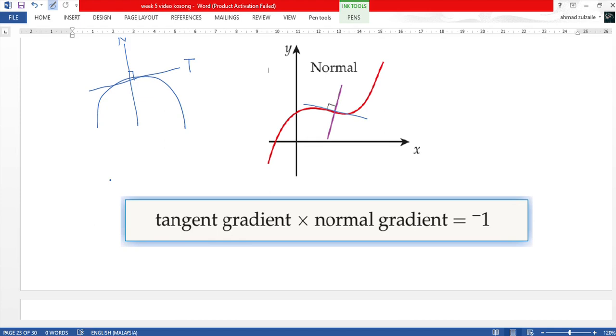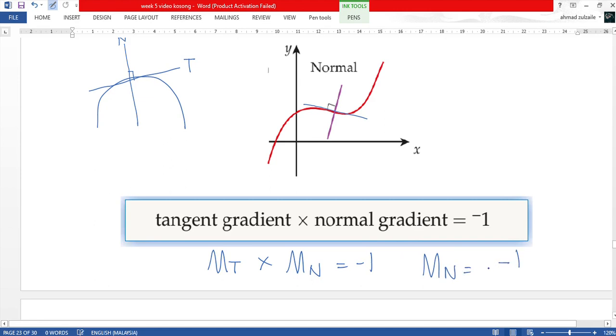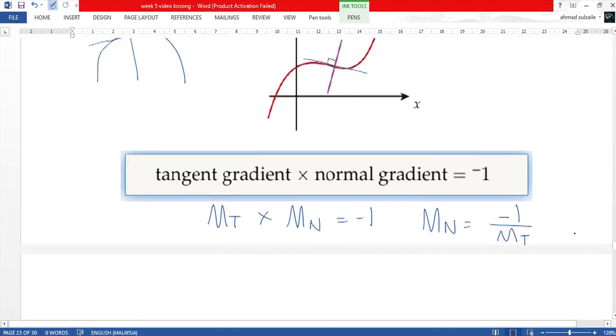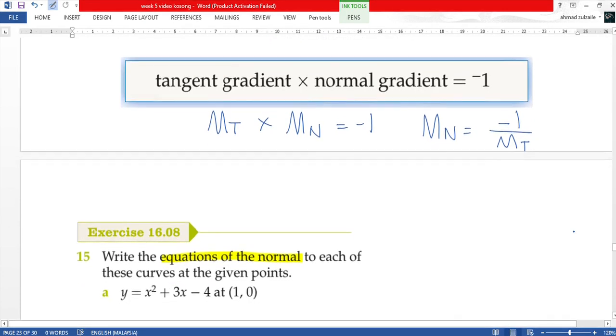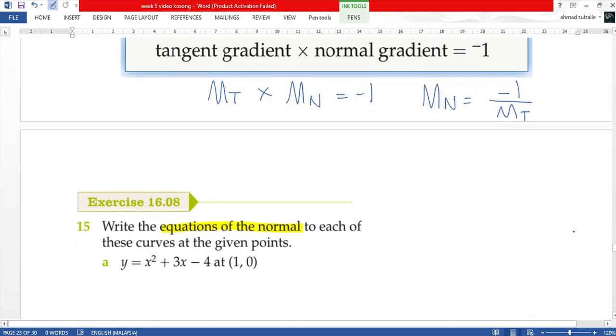When you multiply m of tangent multiply dengan m of normal equal to -1, because both are perpendicular to each other, or m normal equal to -1 over mt, -1 over gradient of tangent. Okay, that is the understanding lah. Tapi macam mana nak cari equation of normal? Equation sama lah sebab dia straight line. So still you need to use y equal to mx plus c.